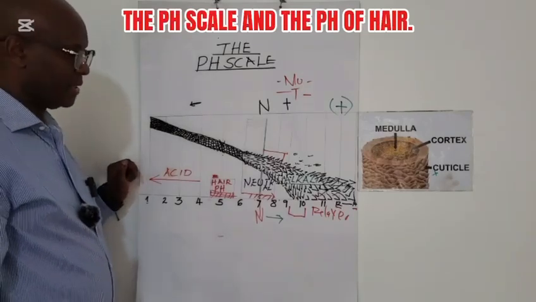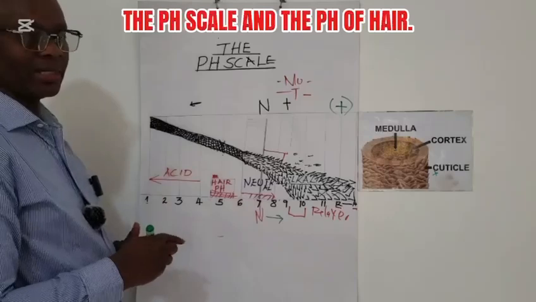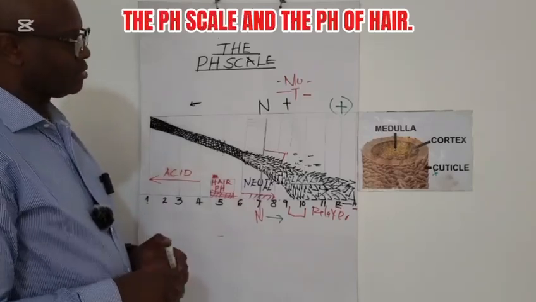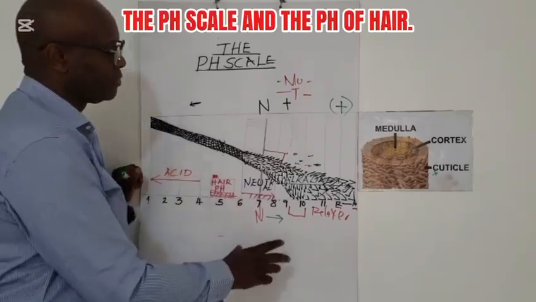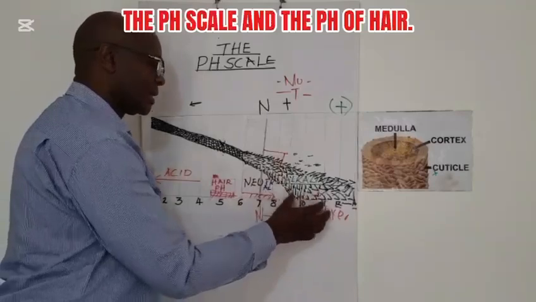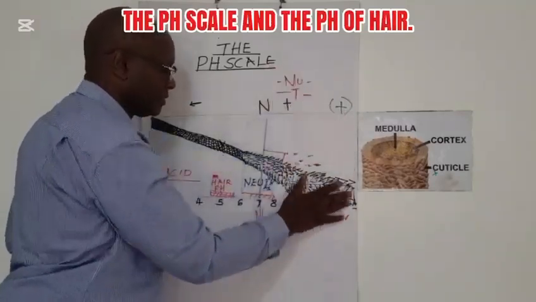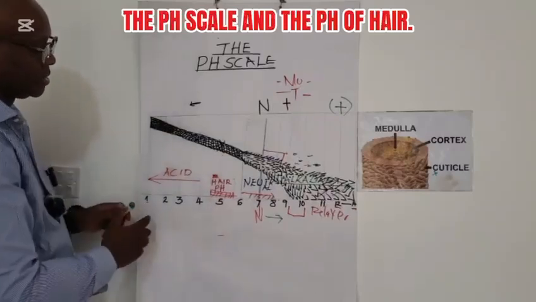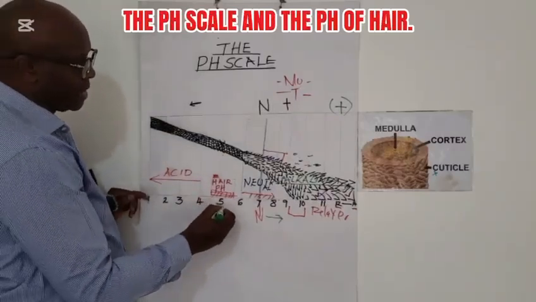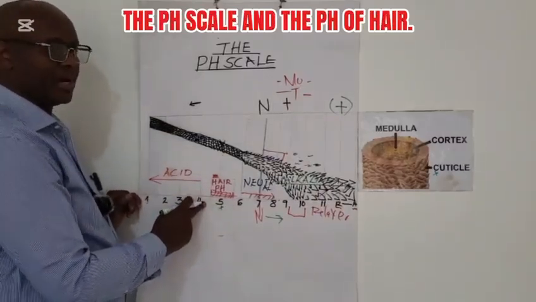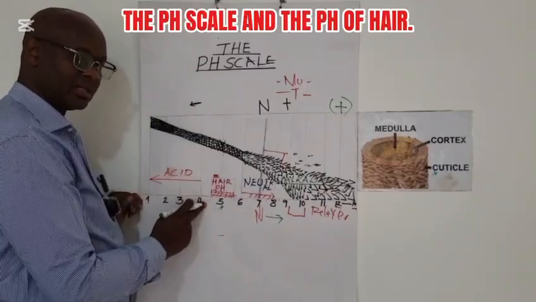But I've just explained, in the market, from where I sit and what I know, most companies have not manufactured neutralizers that have the ability to move your hair from this positive end and get it back to where we are supposed to be, at 5 or between 4.5 and 5.5. And that's what I told you now.